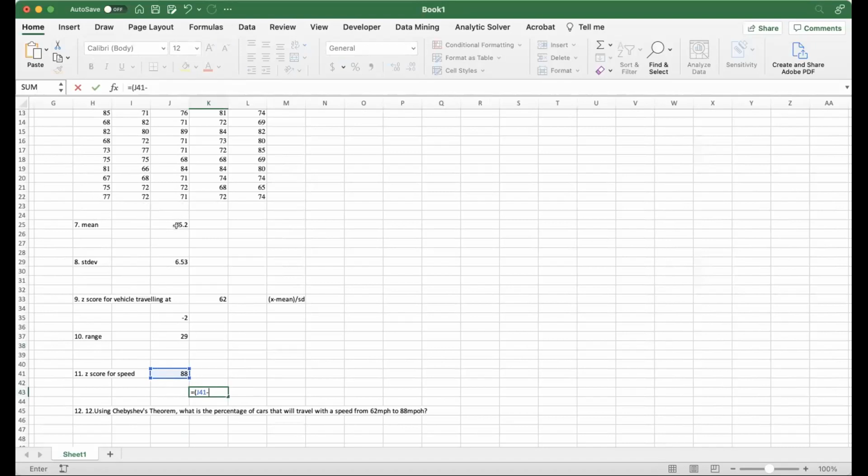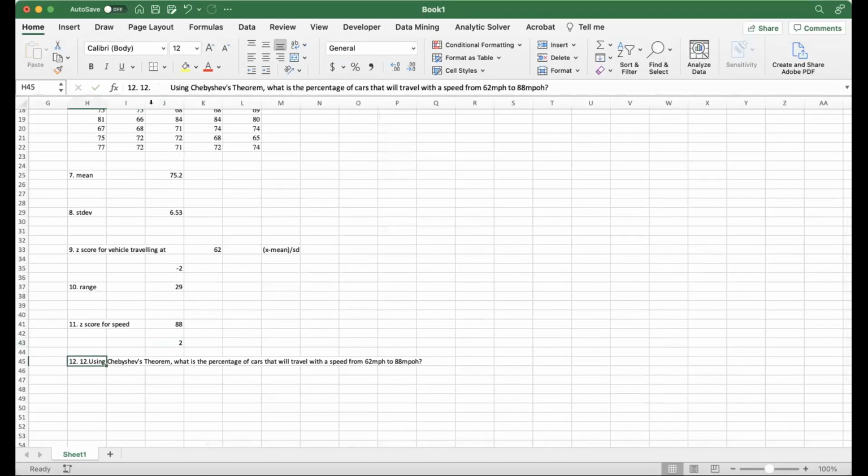That's what we calculated in number 7. So 75.2, divided by our standard deviation. And when we do that, we want to have no decimal places, right? We just want to have it as a whole number. So 2. I'm just going to move this here so that it aligns with here. Okay. So our answer for 11 is 2.